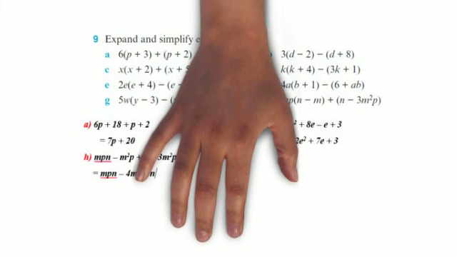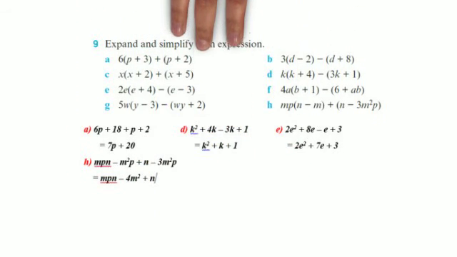Let's move on and have a look at question 9. Part A, you multiply it out, becomes 6p plus 18 plus p plus 2 equals 7p plus 20. Part D, k squared plus 4k minus 3k plus 1. Simplified becomes k squared plus k plus 1.